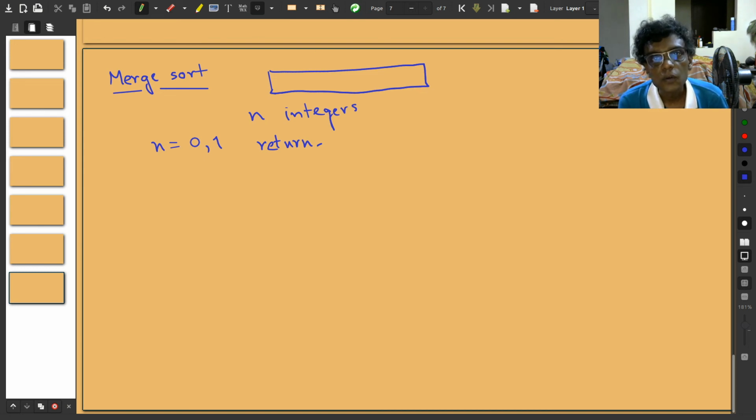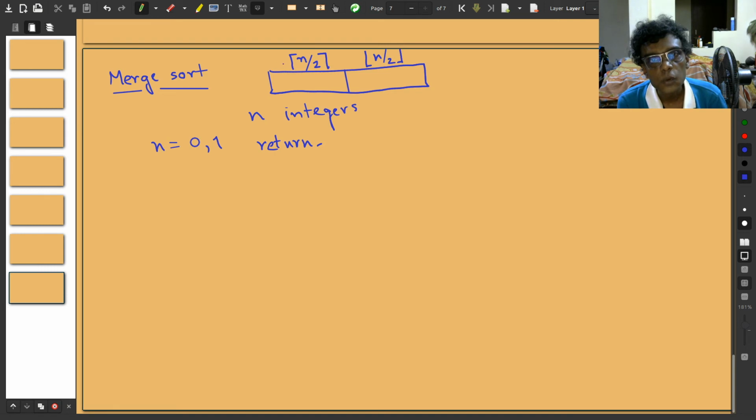Otherwise, what you do, you break down the array at the center. Now n is not necessarily even. If n is even, then of course this breaking is very even, n by 2, n by 2. In general, I have a situation like this. One half is slightly bigger than the other half. This is the floor, this is the ceiling, and this is the floor.